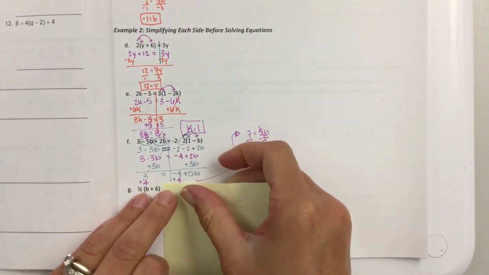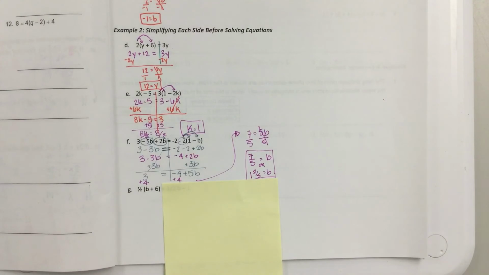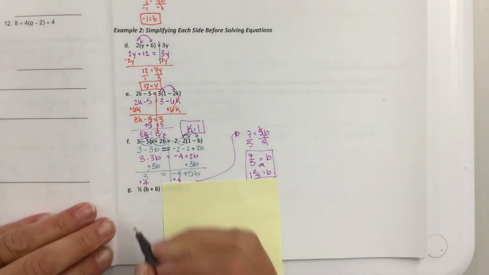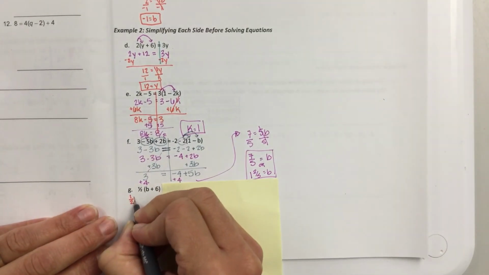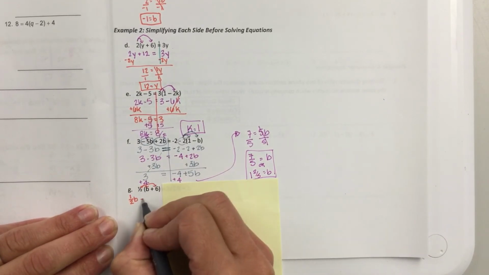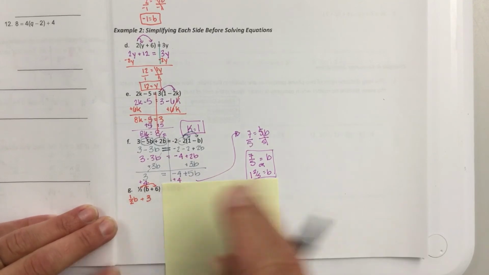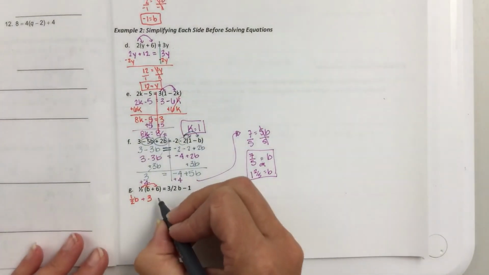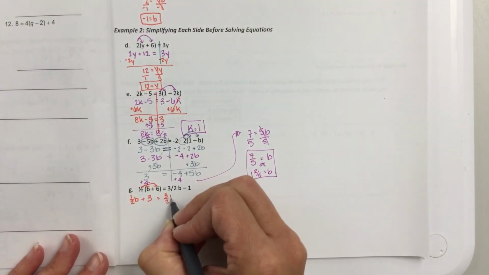Next one, 1/2 b comes from the first thing, 1/2 times 6, so I'm just distributing both of these. 1/2 times 6 is 3. The other side does not need any distributing.